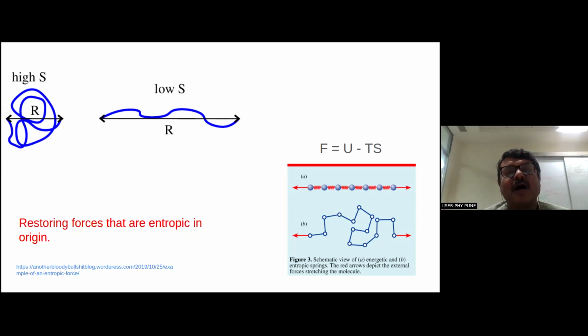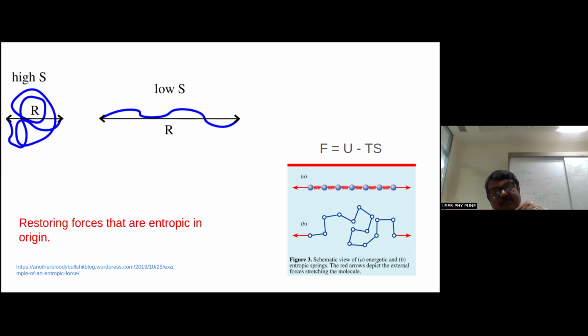This is in marked contrast to how it works for a metal rod. At higher temperatures, you need higher forces to pull a rubber band, a polymeric material, by the same amount, whereas for a steel rod, where the underlying interaction is electronic in energy, at higher temperature you need less force.